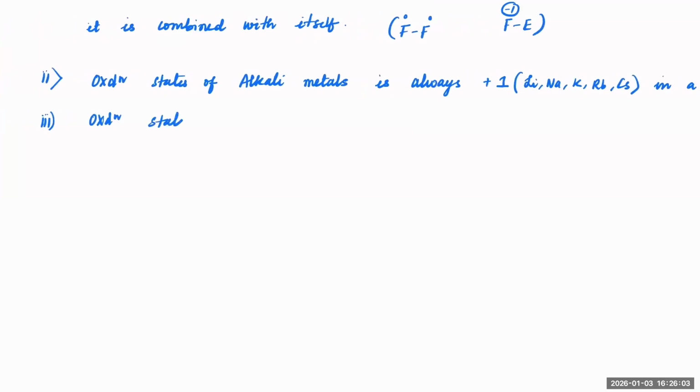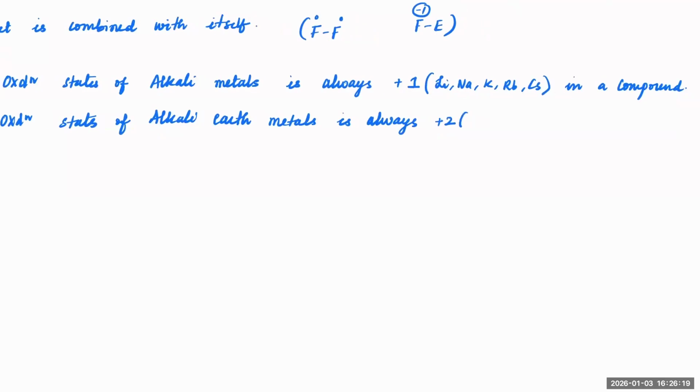Oxidation state of alkaline earth metals is always going to be +2. That includes beryllium, magnesium, calcium, strontium, barium, radium.